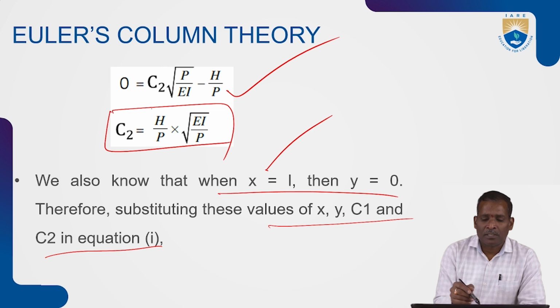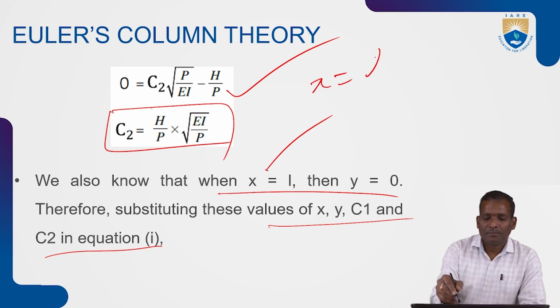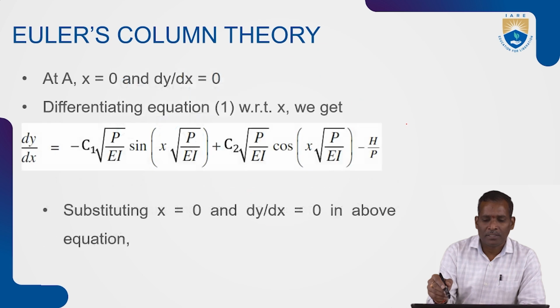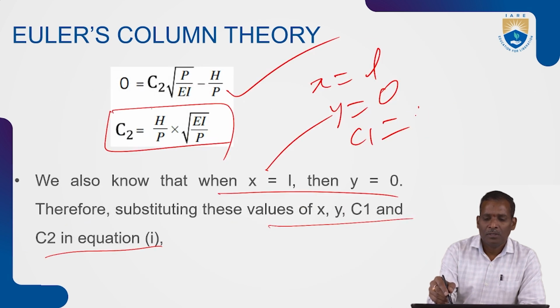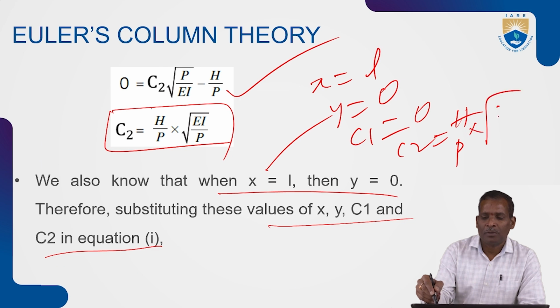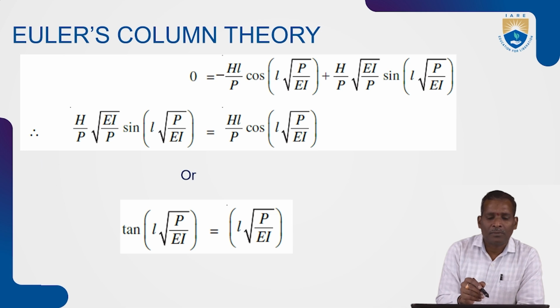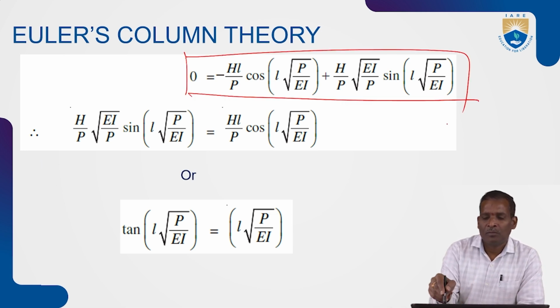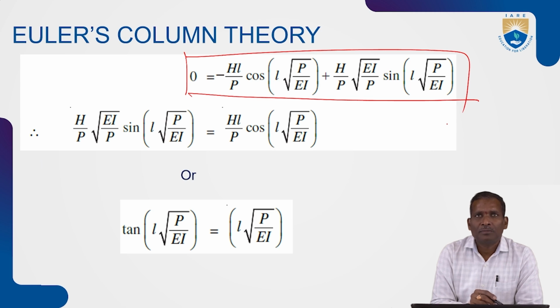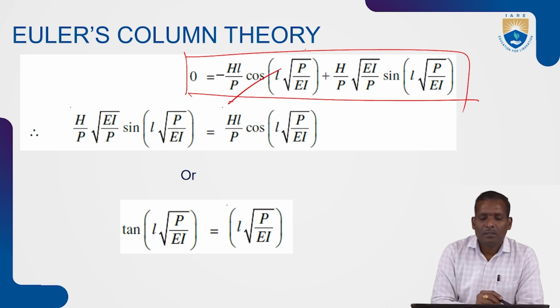In equation 1, substitute x is equal to L, y is equal to 0, c1 we already calculated, c1 is equal to 0, and c2 is equal to h by P into square root of EI by P. So substitute in the above equation, we will get the final equation after substituting y is equal to 0 and c2.